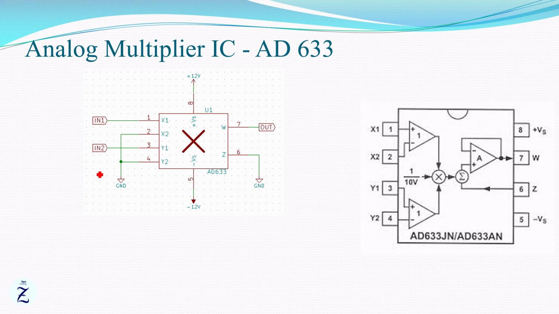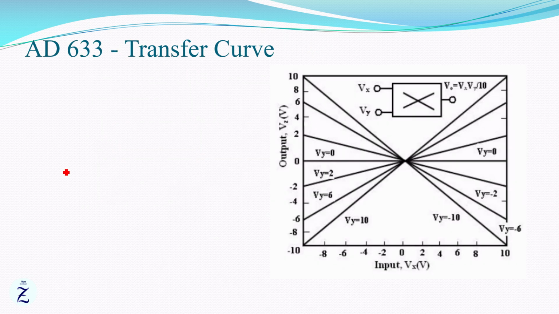Here K is equal to 1 by 10, hence the output will be equal to Vx into Vy divided by 10. Here is the transfer curve of the above multiplier.